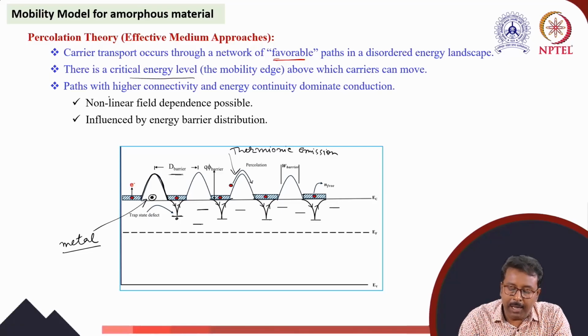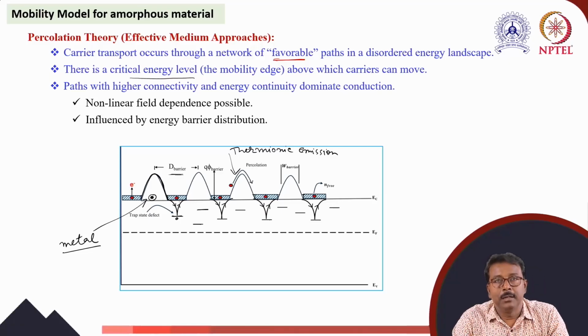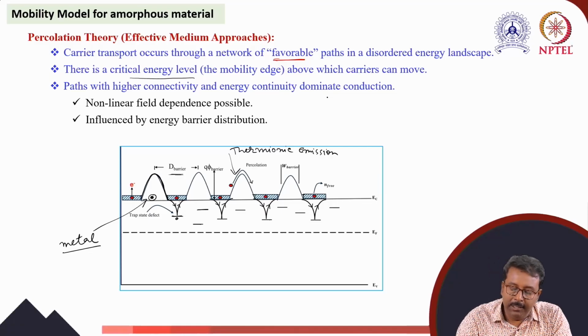And for paths with higher connectivity there is less resistivity, and energy continuity dominates this conduction process. Mainly these are influenced by the energy barrier distribution that I have mentioned.